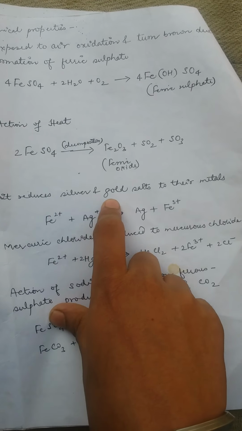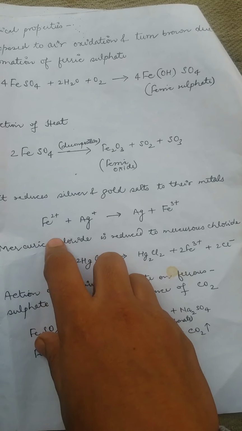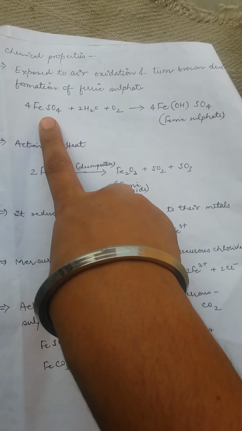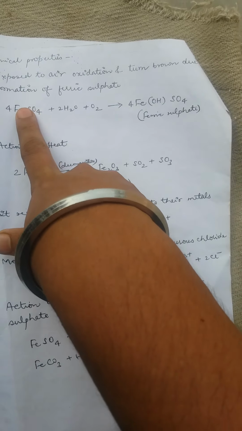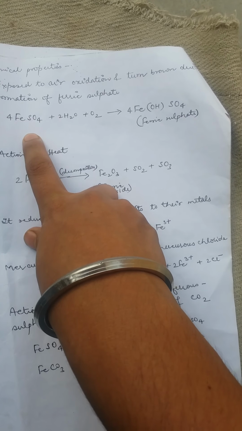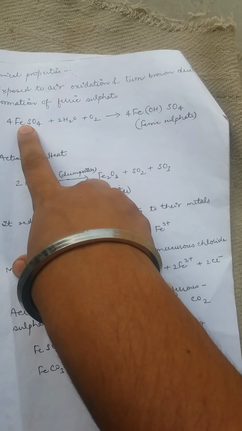It reduces silver and gold salts to their metal. This is a ferrous ion, because in ferrous sulfate Fe is 2 positive and SO4 is 2 negative, so the compound is stable. When we remove the sulfate ions, it has a 2 positive charge.